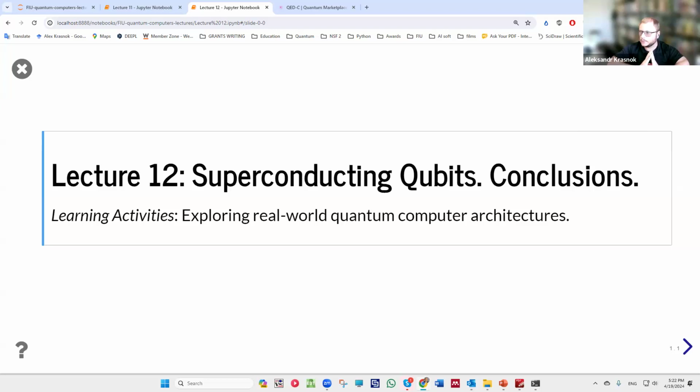But later I realized that I'd better focus on one type of computing, to avoid mixing the subjects. In the literature for further reading, I provide some references about the other types of qubits. We will also discuss the conclusions, and I will give you some information about where you should go to search for quantum jobs and opportunities, if you're interested in the subject.